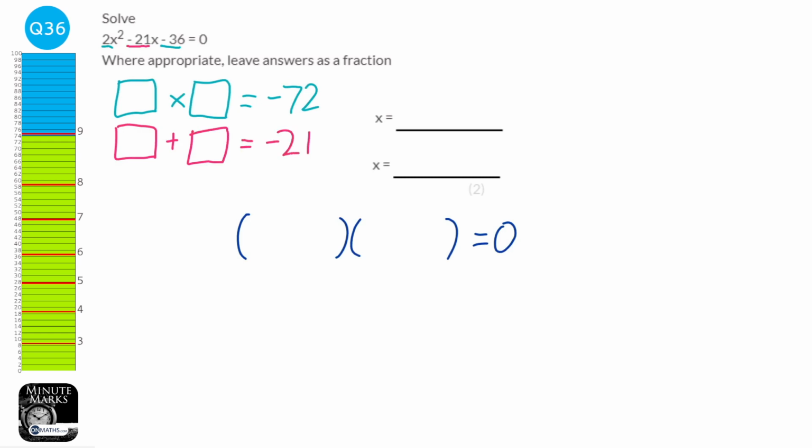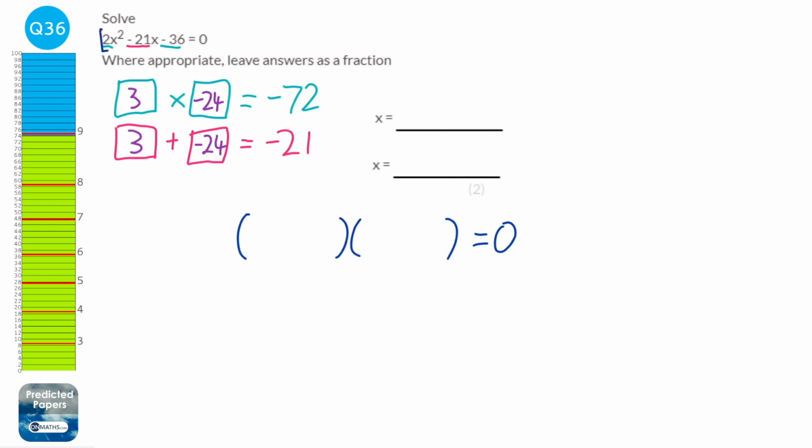So what we can do is write out the factors of minus 72, add all of them together to find out which one adds together to make that minus 21, or we can do it in our head. So I'm thinking it's going to be 3 and minus 24. Let's just check that. 3 times minus 24 is minus 72, 3 plus minus 24 is minus 21, so that's correct.